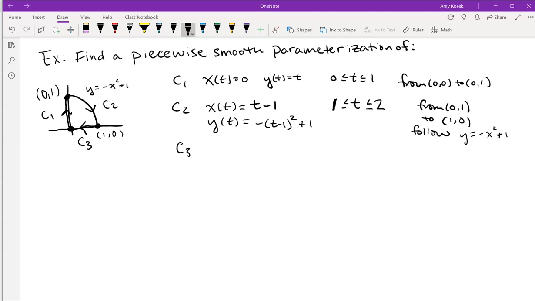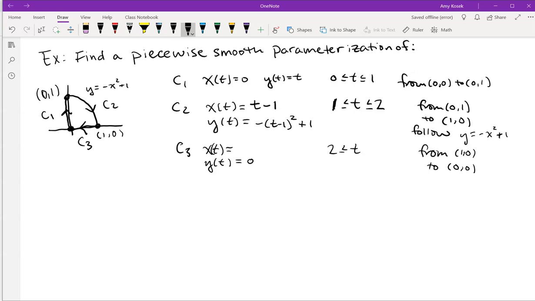So then we're on our third curve. t needs to start at 2 this time, and we need to again go from (1, 0) to (0, 0). So x of t and y of t. Well, y is just constantly 0 this whole time. So we could just let y be constantly 0.